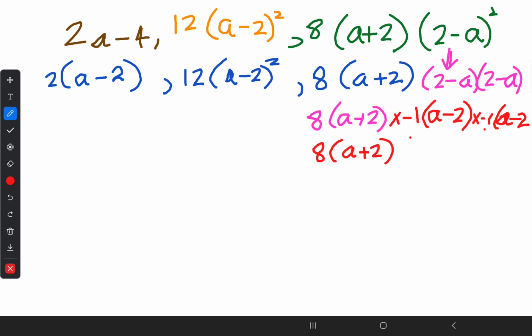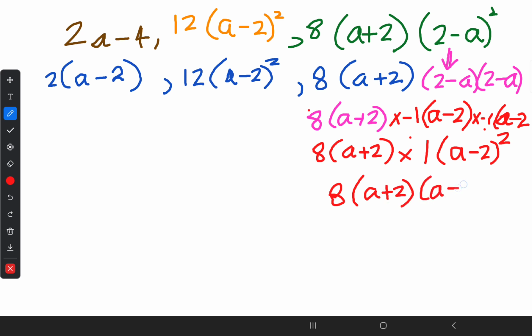Since it is a multiplication, multiply that with 8. Now negative 1 multiplied by another negative 1 is positive 1, (a minus 2) times (a minus 2) is (a minus 2) whole square. Finally, 8 times 1 is 8. Here we are having (a plus 2) and next (a minus 2) whole square.